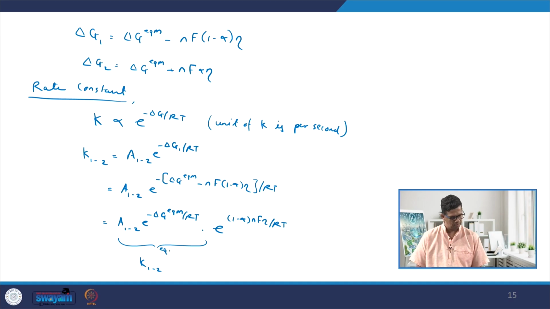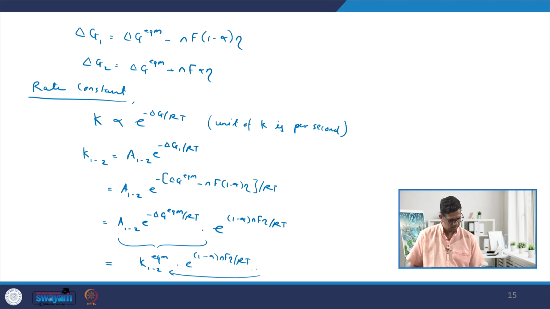This is at the equilibrium, so let us call this K12 equilibrium, times e to the power (1 minus alpha) nF eta by RT. So this K12 is the rate constant for the forward reaction at equilibrium.